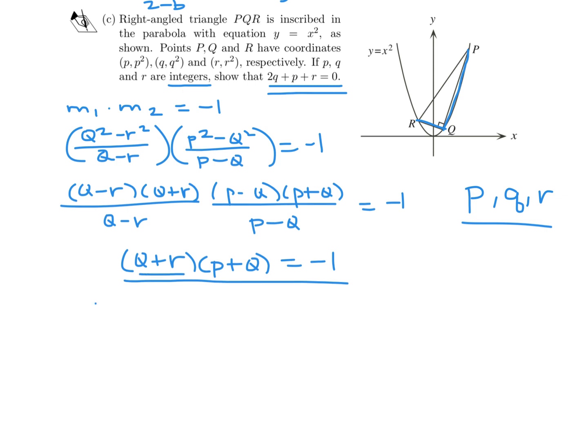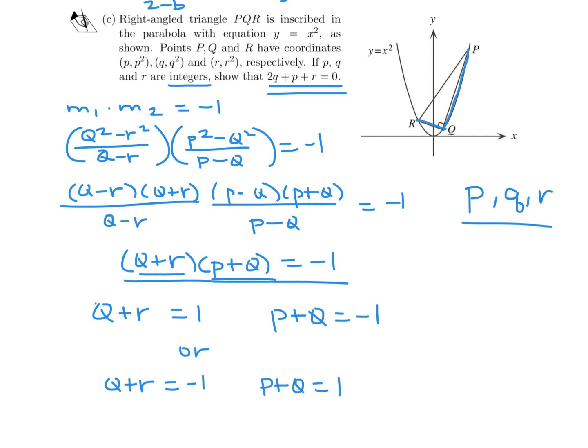If this times this is equal to -1, that means either Q plus R is equal to 1 and P plus Q is equal to -1, or it could mean that Q plus R is -1 and P plus Q is equal to 1, right? Okay, so let's work with this. Let's first look at this scenario here.